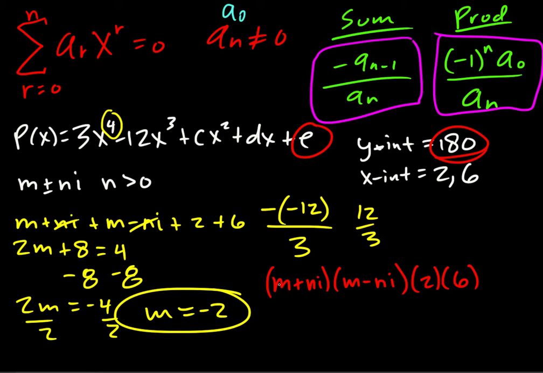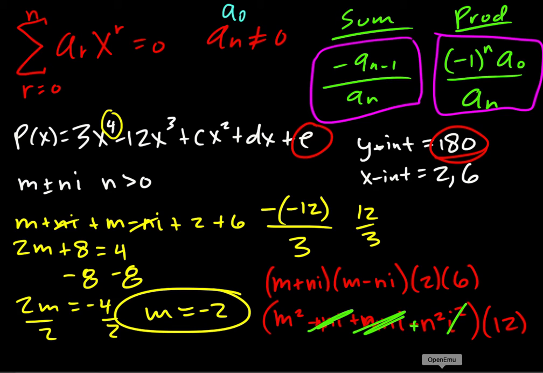So if we multiply these, we're going to get m times m squared, negative mni positive mni, minus n squared i squared, then all that's going to be multiplied by 12. Okay, this and this cancel. This is negative 1, so it changes that to a positive.